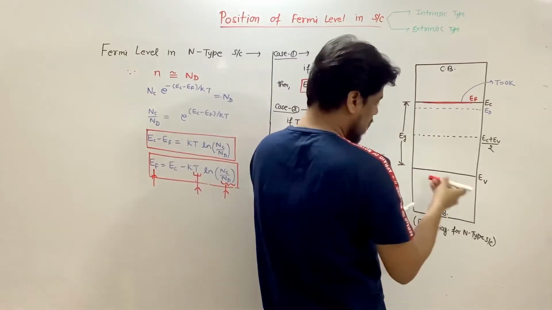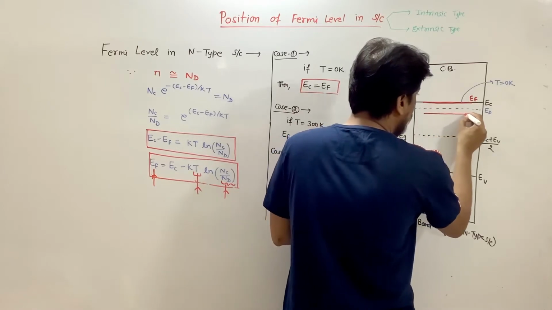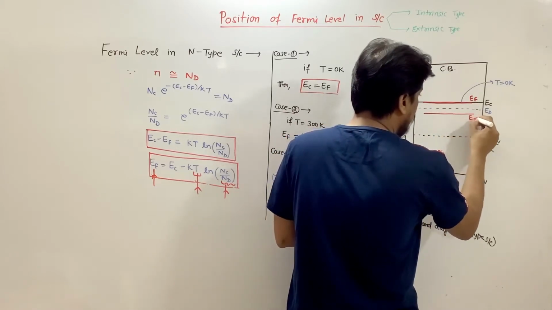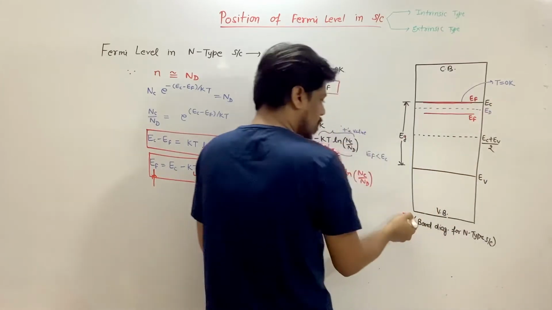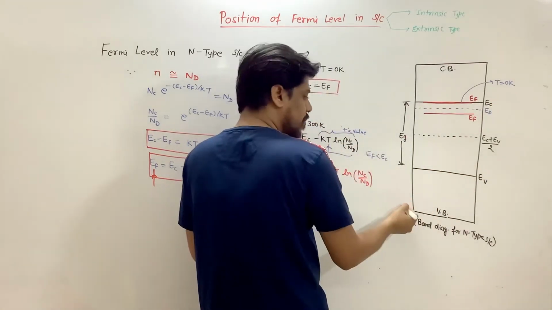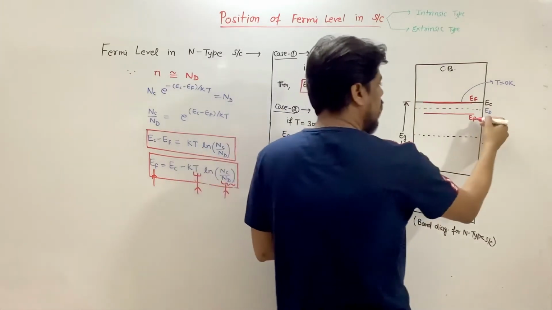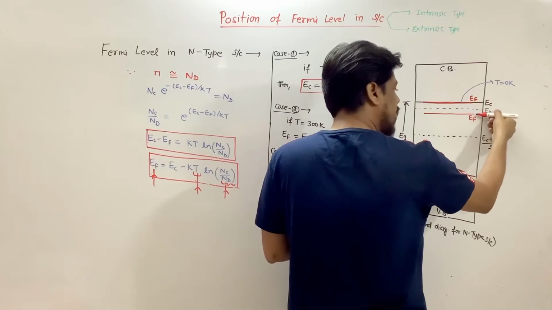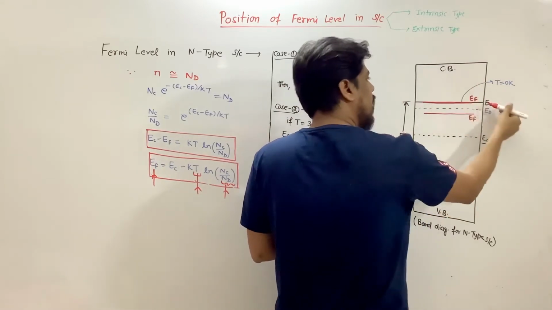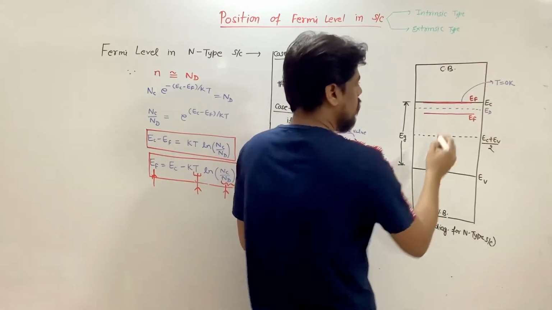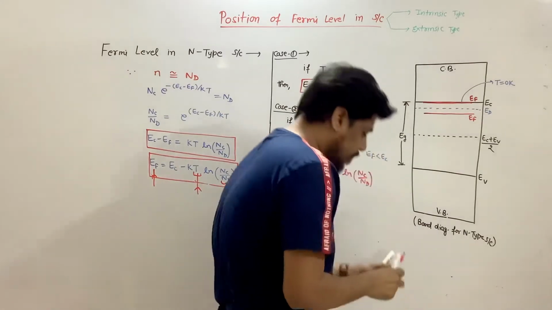So at T equal to 300 Kelvin, Fermi energy is less than Ec. In this band diagram we can draw it like this: the Fermi energy at 300 Kelvin, Ef, is less than Ec. As we know in a band diagram, going upward energy increases, going downward energy is lower.